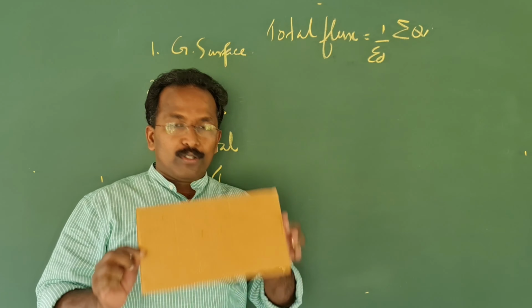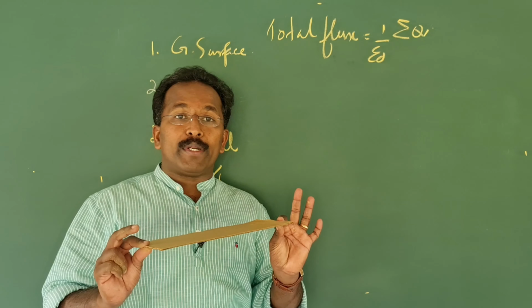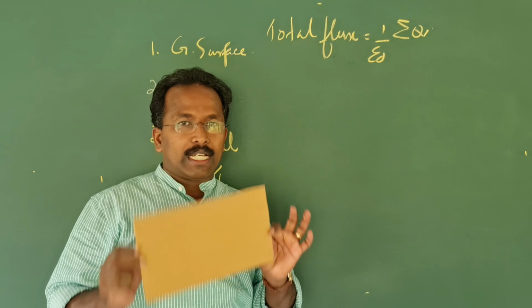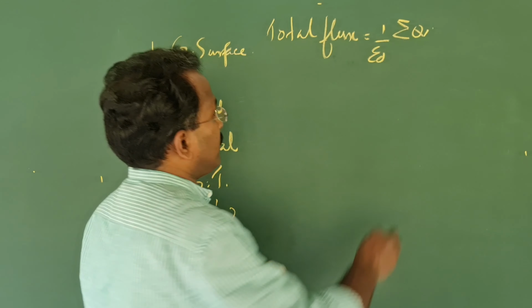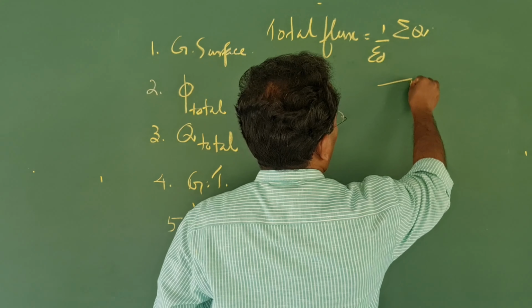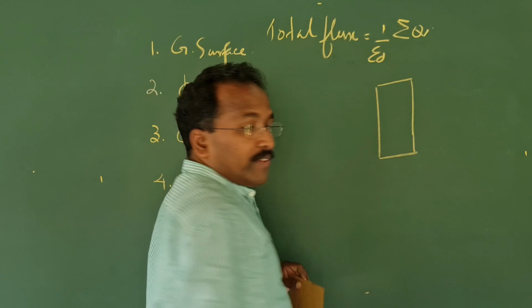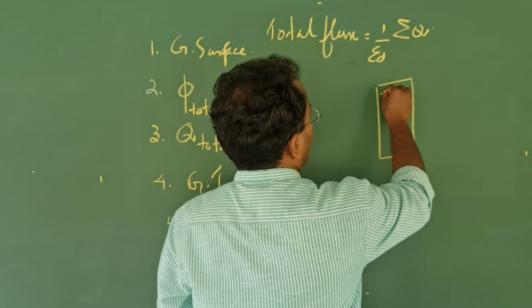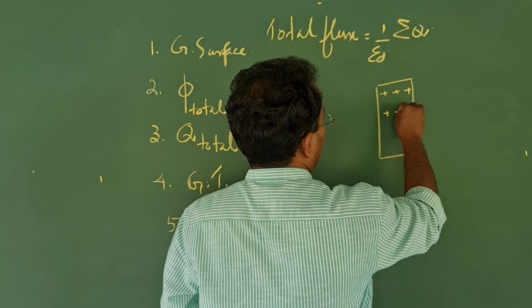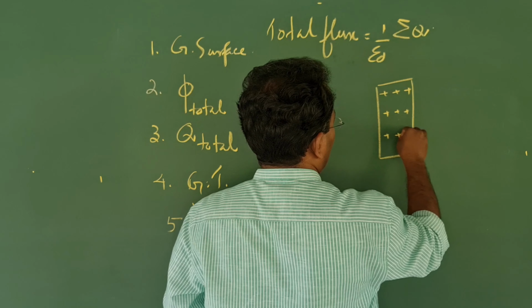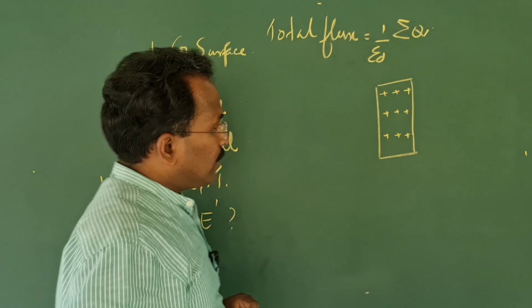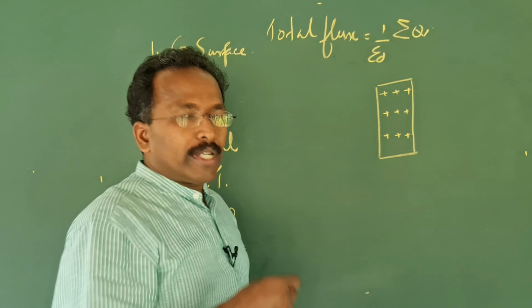Okay. So in that example, you have a copper sheet or an aluminum sheet, a conducting sheet like this. You have a conducting sheet, charge is given to that. It is charged. How much charge is given to that?